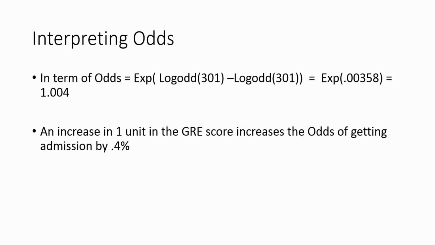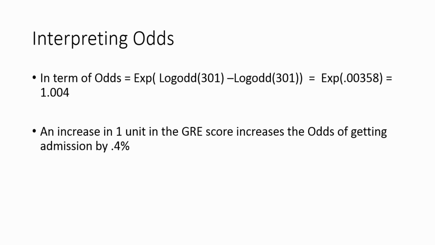If you take the exponential of the difference of log odds, you can see on the screen, you just have to take the exponential of 0.00358, because that is the difference between the log odds, which comes out to be 1.004. Okay, so what is 1.004?